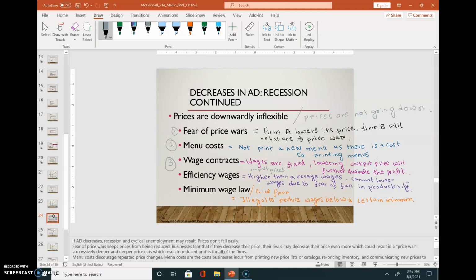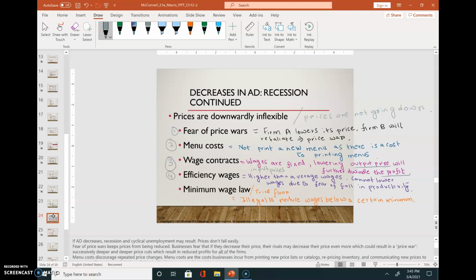However, if we lower the output price, the profits of the business will go down. So even if we have a recession, the price will not go down because the wages are fixed. I would say output prices will not go down because input prices are fixed.